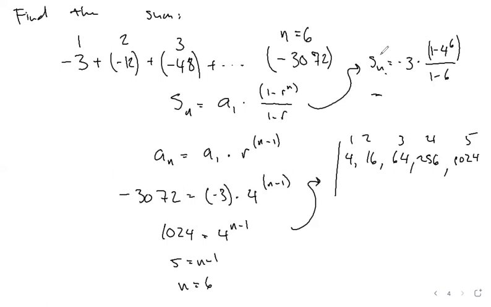What's wrong here? Did anyone catch a mistake that I made? Let me do this again. So this is minus 3 times, I'm getting the wrong answer. One minus 4 to the 6. What is 4 to the 6? 4096.